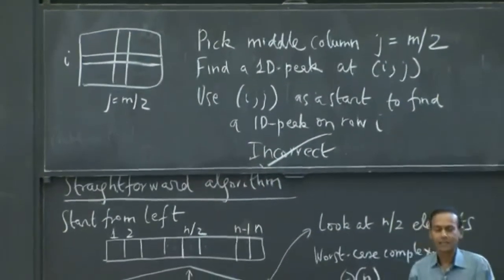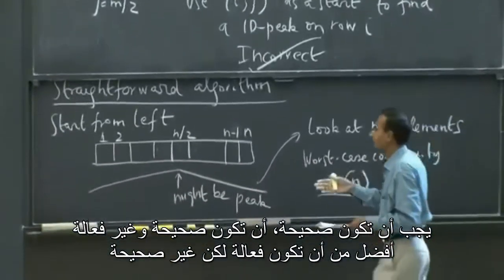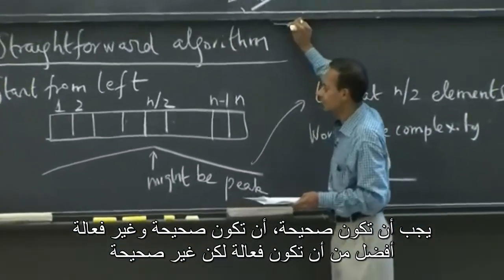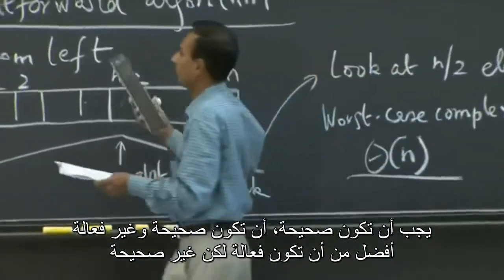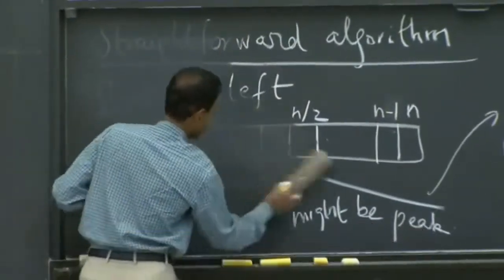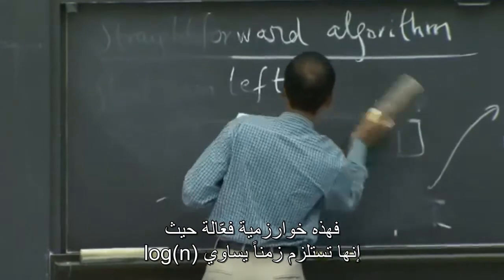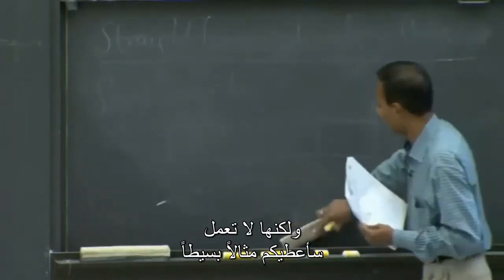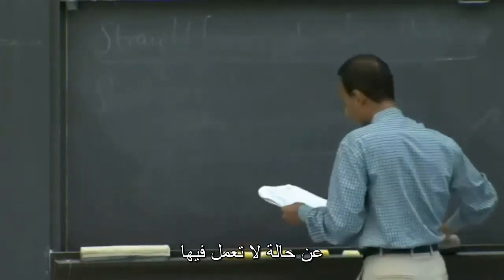You want to be correct. Being correct and inefficient is definitely better than being incorrect and efficient. So this is an efficient algorithm in the sense that it would only take log n time, but it doesn't work, and I'll give you a simple example here where it doesn't work.